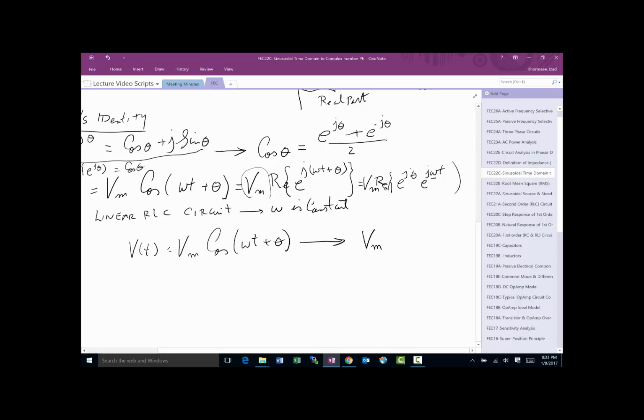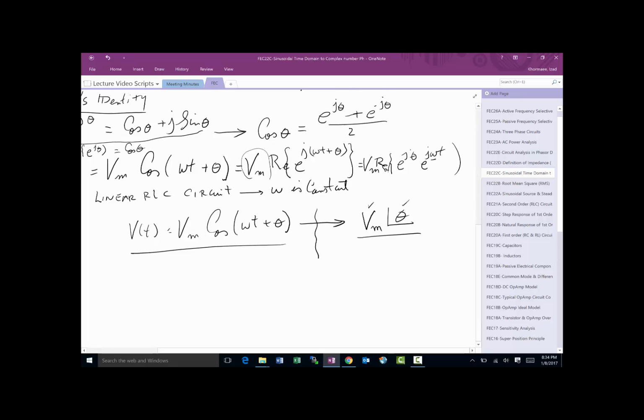All we need to know in order to reconstruct it is the theta and the maximum value, and I can reconstruct it. This is the essence of how we go from time domain to Phasor domain.